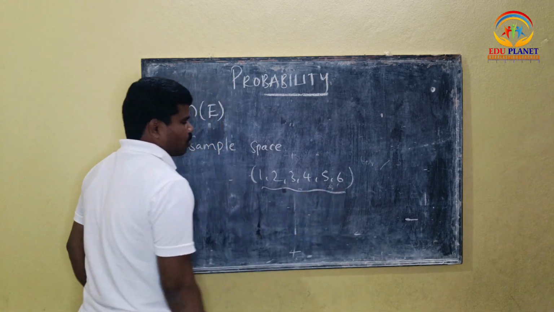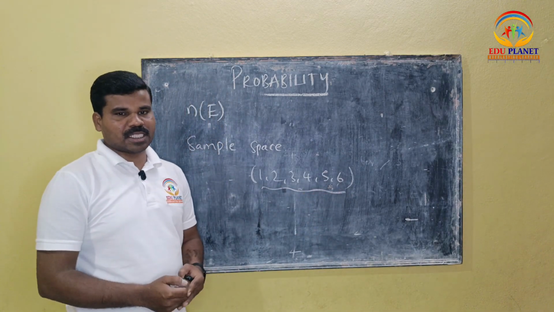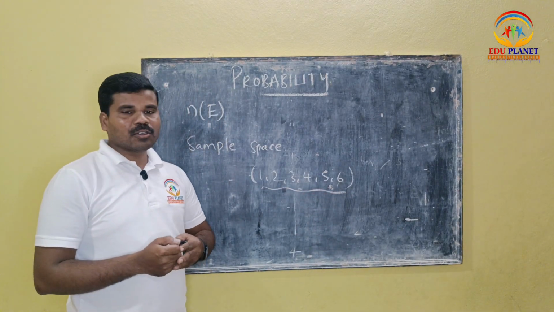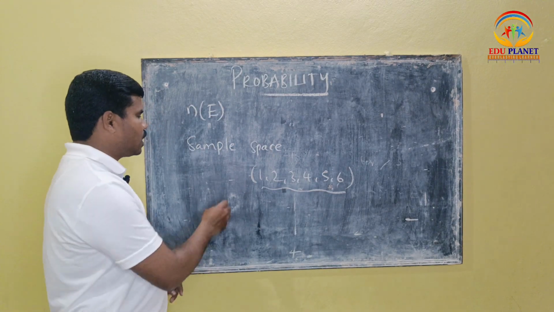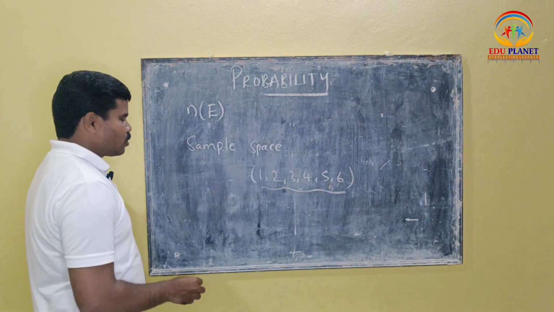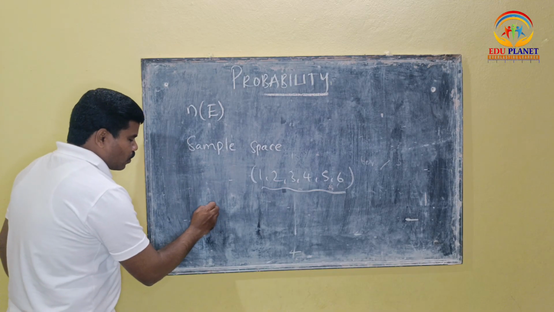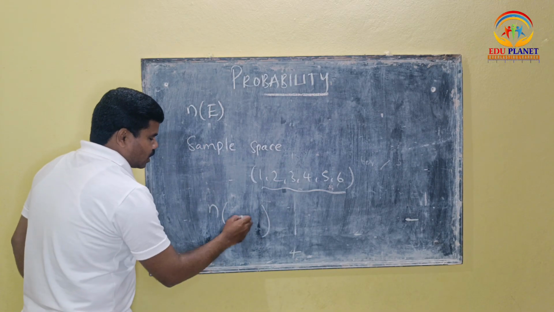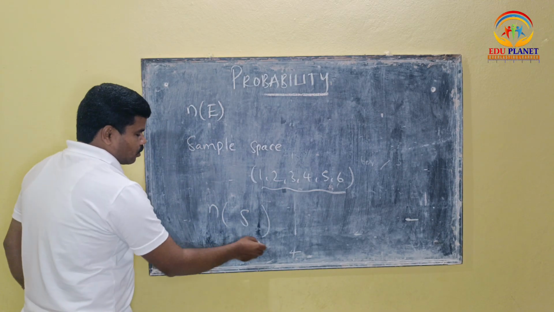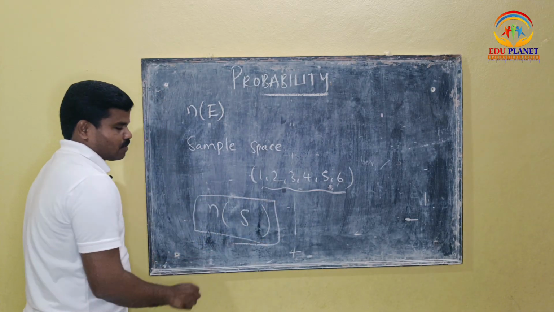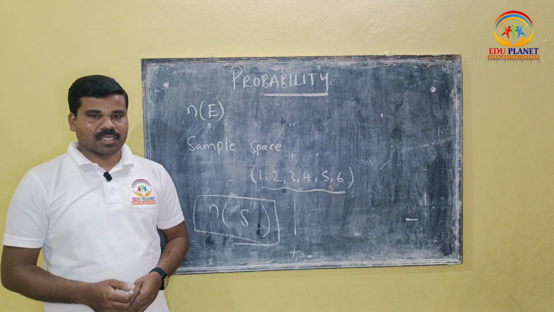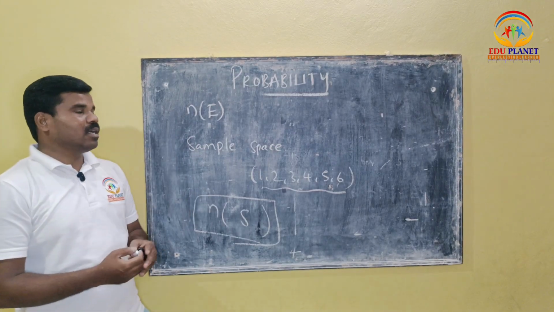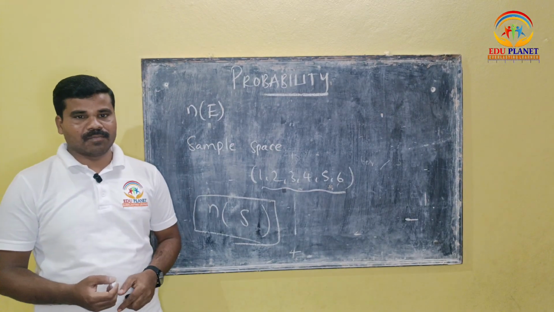This is called the sample space, the total number of available outcomes. So when you write the number of outcomes in the sample space, it should be denoted as n of S. It means the number of outcomes when the event occurs. So it will be denoted by n of S or n of E.